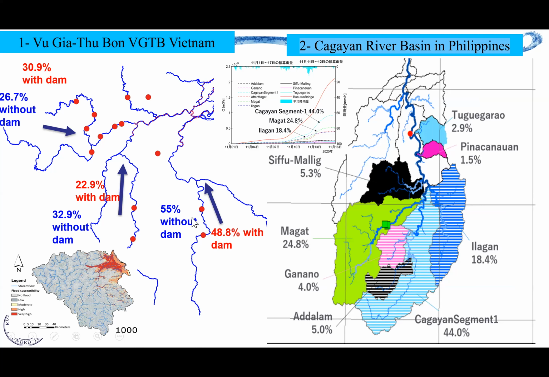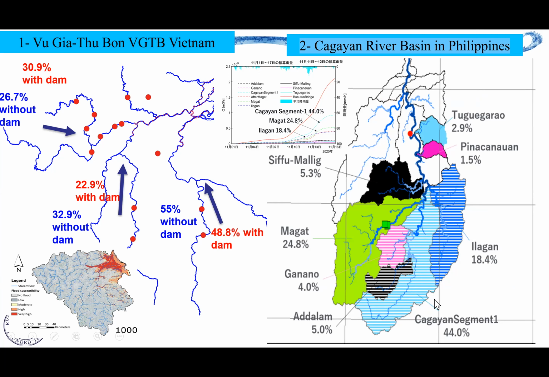So we want to understand, with and without dams, how much the contribution is for the flow during heavy rainfall. In the Cagayan River Basin, there is only one large dam, which is called Magat Dam. And we tried to understand the contribution of each sub-basin as well.